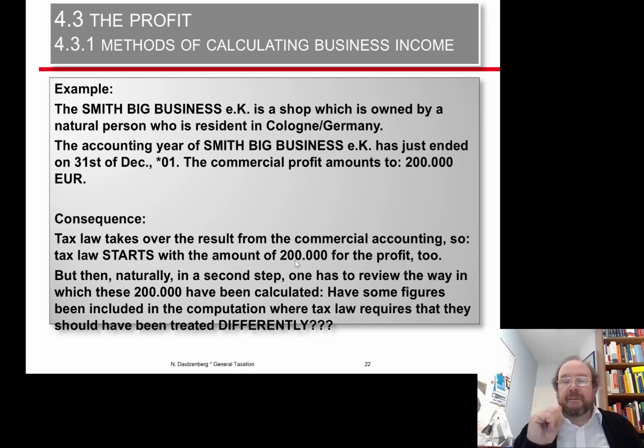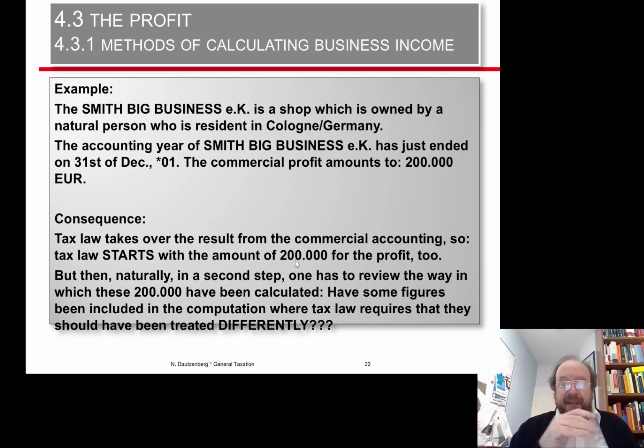So the Smith Big Business, EK is the name under which a natural person, probably Mr. Smith, runs a shop which is owned by him, and he is resident in Cologne, Germany, so unlimited tax liability taxpayer. The accounting year of the Smith Business, EK, has just ended, and the commercial profit amounts to 200,000 euro.